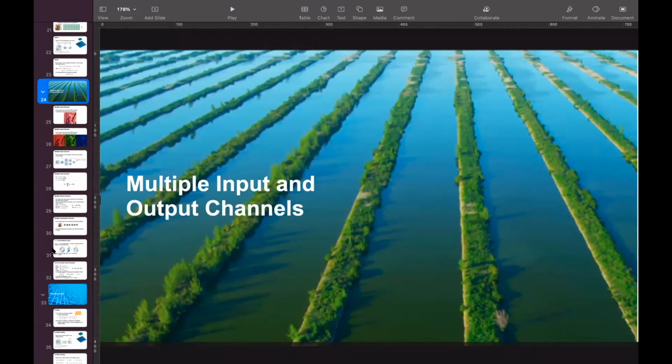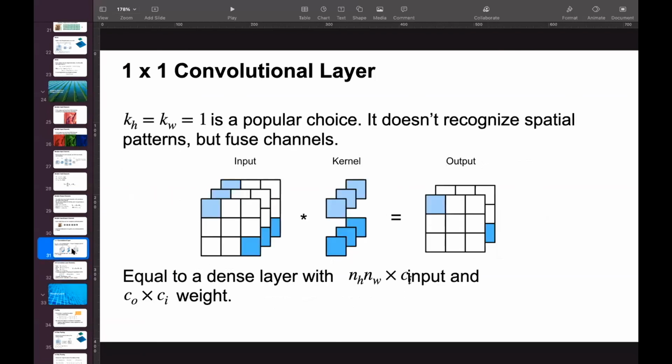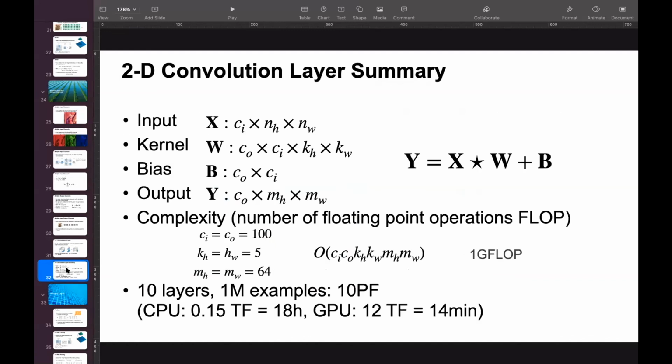And so that's exactly what he says. This is as good as just applying a multi-layer perceptron to the image, equal to a dense layer with whatever times channel input and whatever weight that you're looking at. Again, more of a transform than a convolution. Cool. And I'm not going to get into the details because we've spoken about all of this.